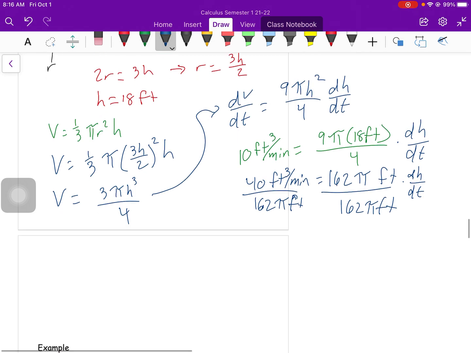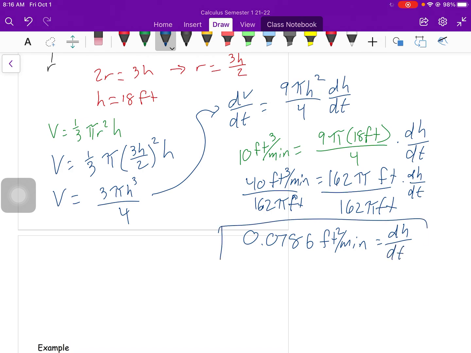Nope, that looks good. So I'm going to get 0.0785. I'm going to round this up to a 6 because it was 0.078595. So I'll go to 6. I had 2 of the feet left on top, minute on bottom. So derivative of height with respect to time.